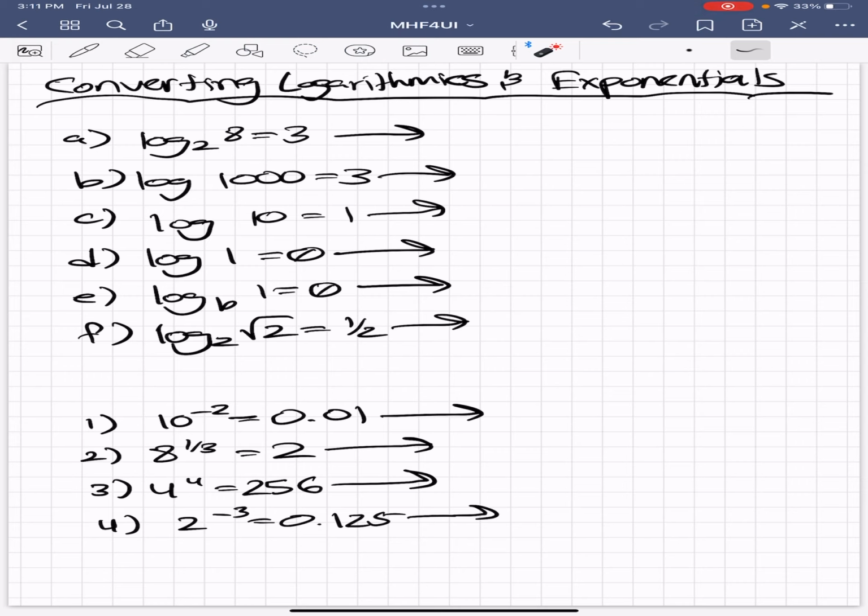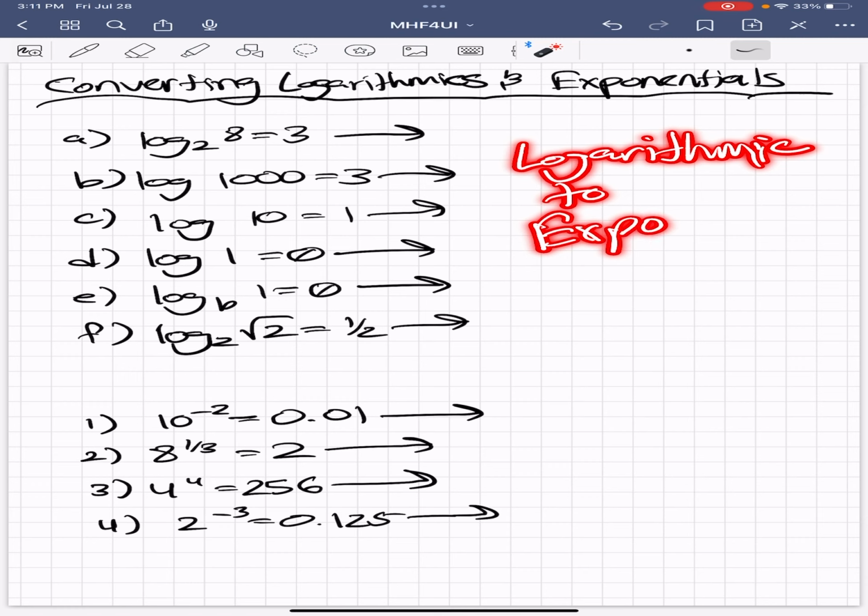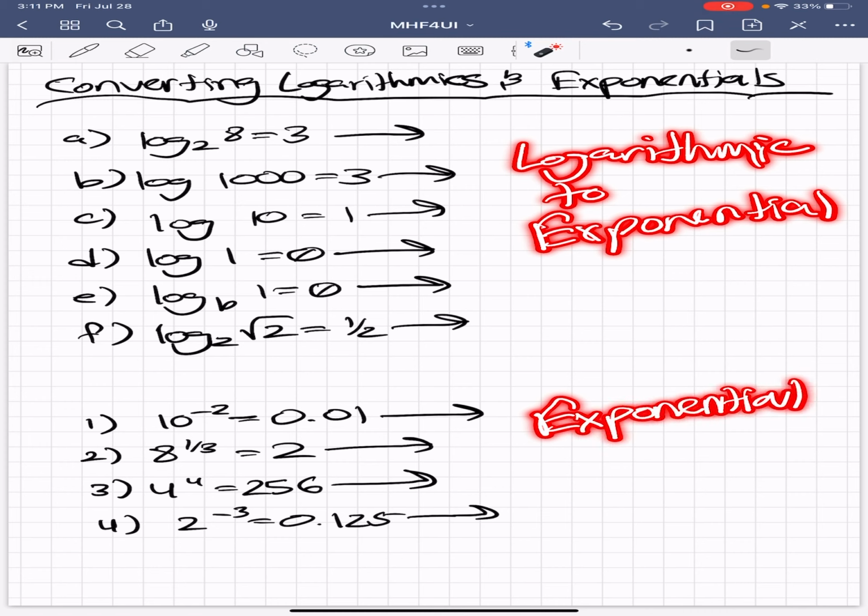So we're going to be converting logarithmics and exponentials. So here it's logarithmic to exponential, and here it is exponential to logarithmic.